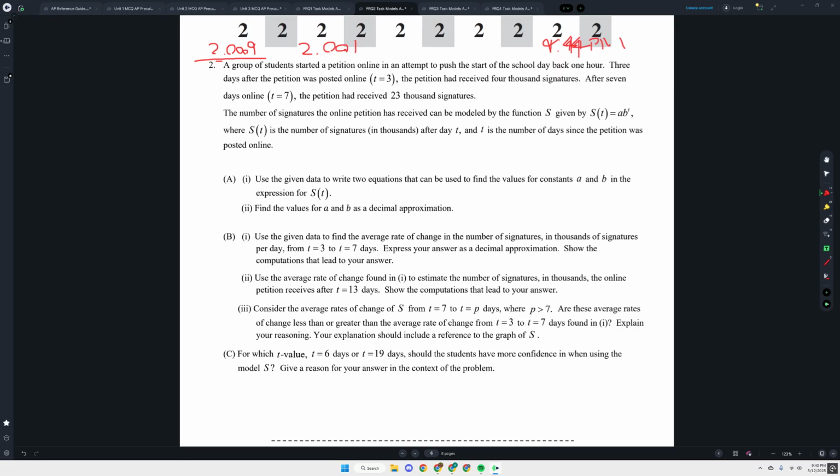What decimal place? Round to the third decimal place. How do I know when to say the plus 2 pi k stuff?